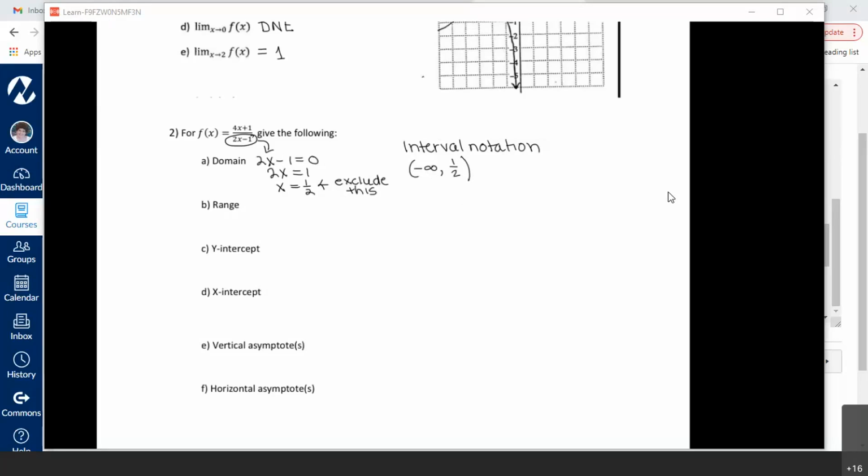I can also feed it any number just to the right of 1/2, not including it. See the curved bracket? All the way out. So basically any real number here or any real number here. And remember, you put a union symbol to say or. So this shows you a hole in the domain. I've left out 1/2.